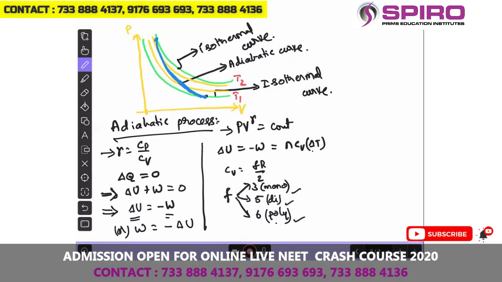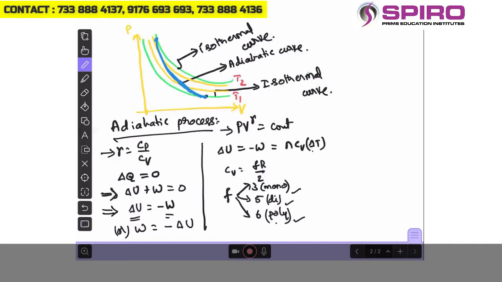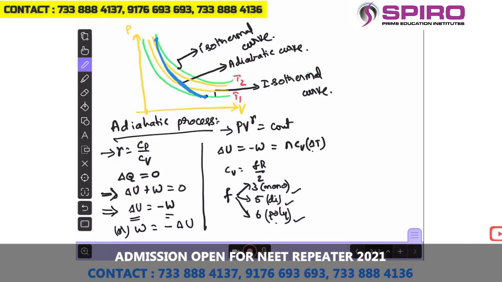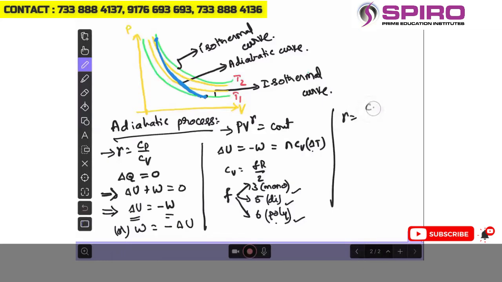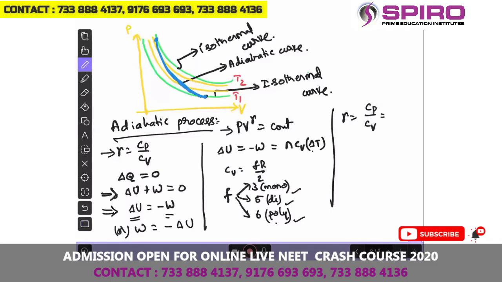Cv can also be written in another form. Already we know the gamma value. The value of gamma can be written as Cp divided by Cv, and Cp is again written as Cv plus R, divided by Cv.